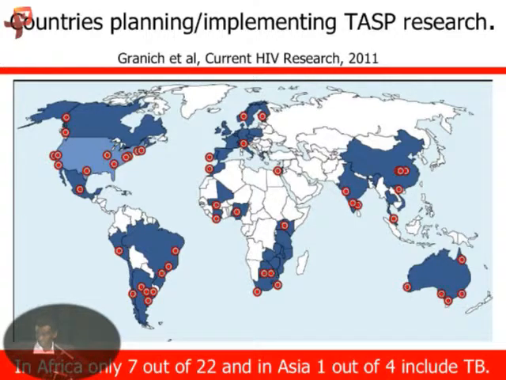And 1 out of 4 was also included in Asia. So this is why, when the program managers are thinking to integrate, basically to mainstream, I think that has also to be filtered into the research community.